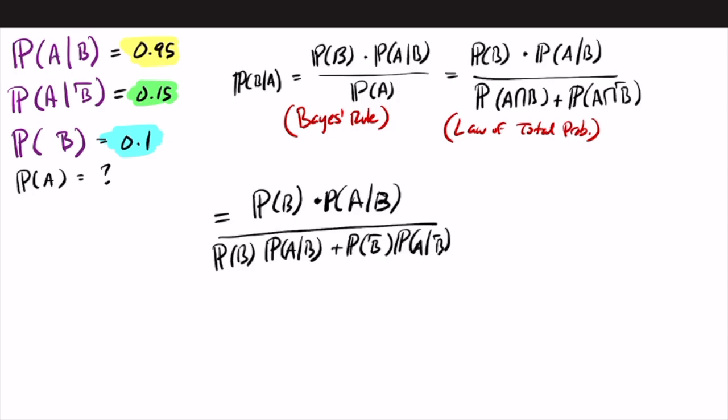And let's start by filling in some of these colors. So the probability of A given B, we have that. That's right here. And we also have it down here. And we also have the probability of B, oh, whoops, wrong color.